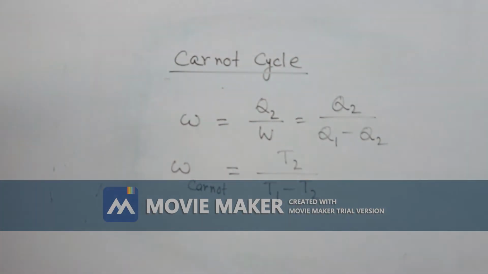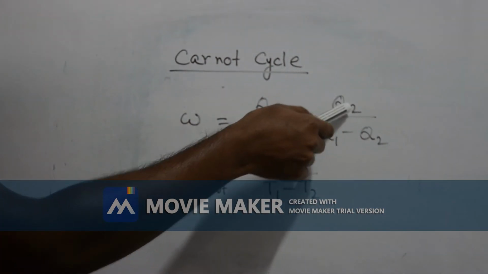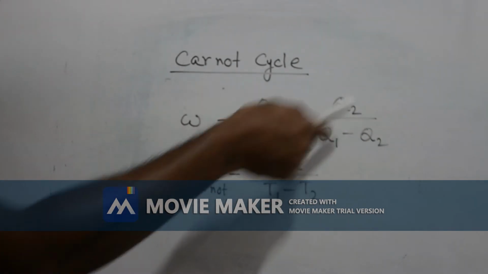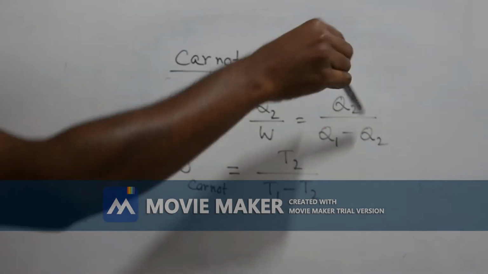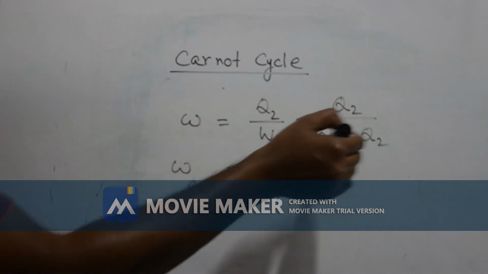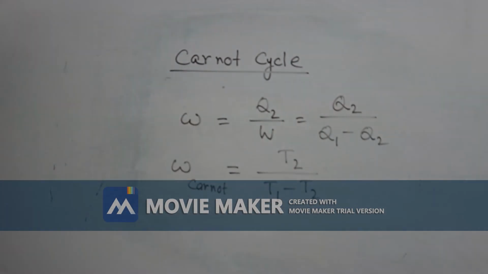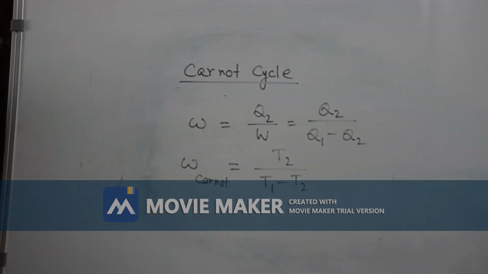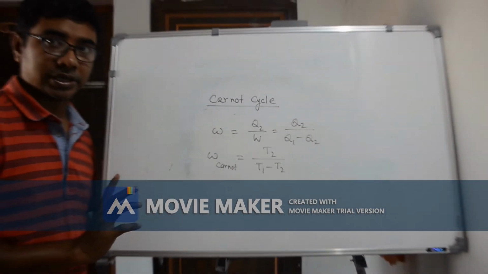So what we have to do is basically replace the corresponding heats with the corresponding temperatures. That's how we can define the coefficient of performance of a Carnot refrigerator.